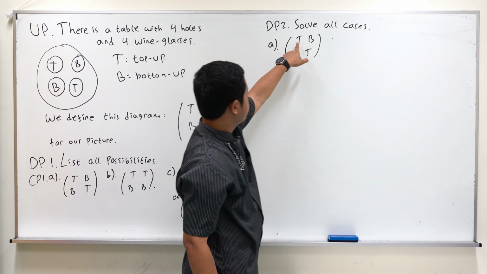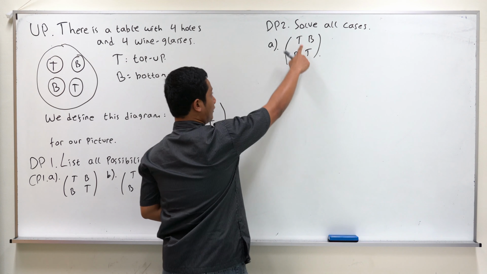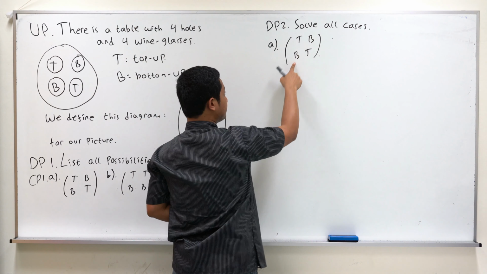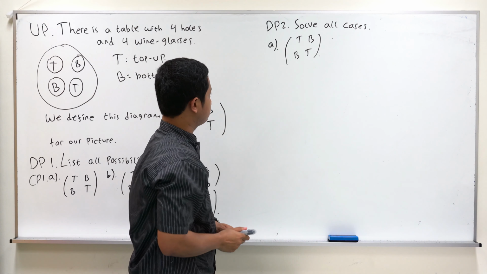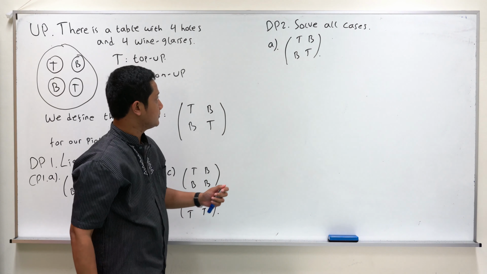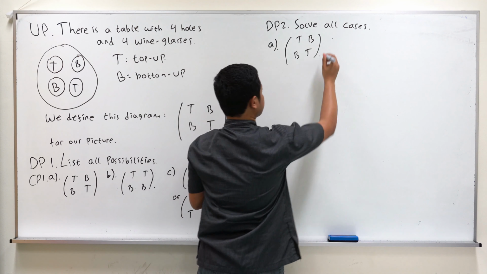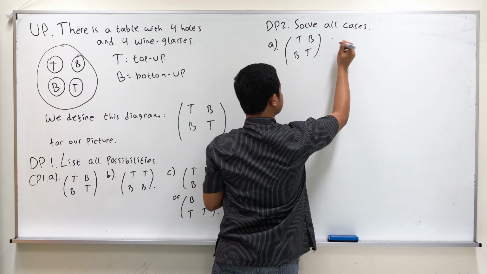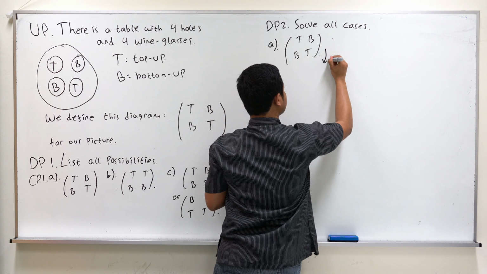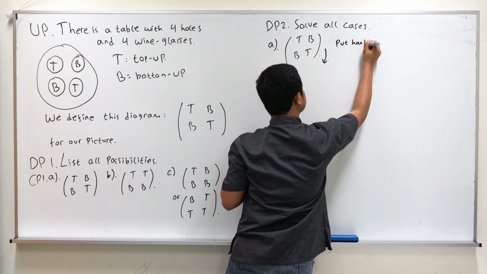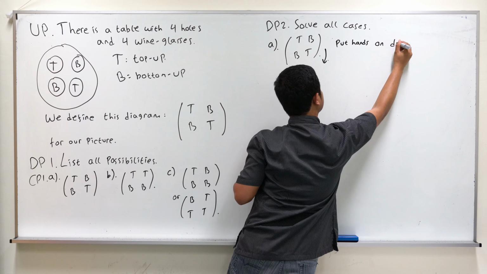From here, we see all diagonals are the same. So TT or BB. So I think it is better to put our hands on the diagonal and flip it.